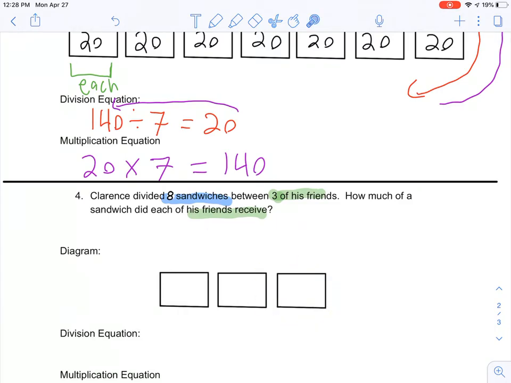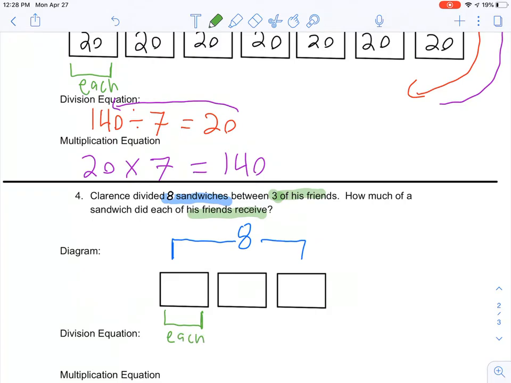And how many sandwiches is he dividing between them? 8 sandwiches will be divided between his 3 friends. So we need to figure out how much each friend is receiving.